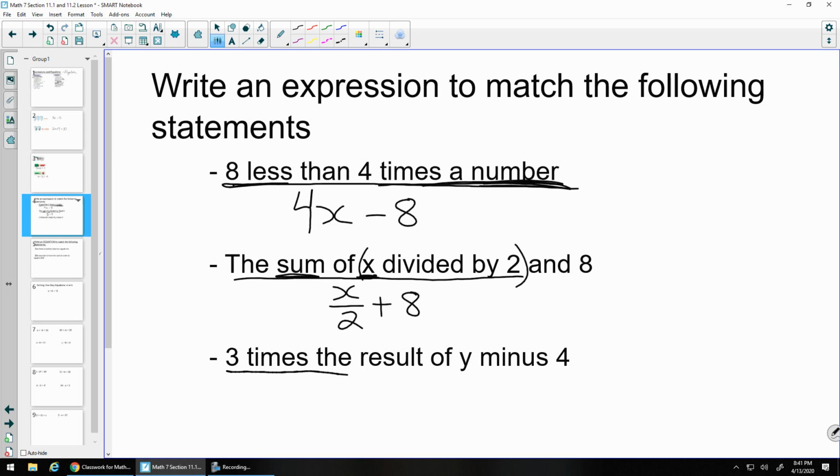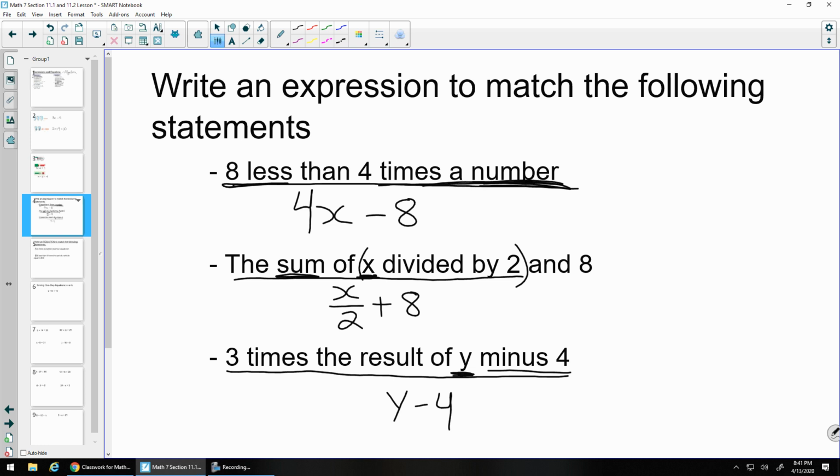3 times the result of y minus 4. Okay, this one's a little bit confusing, but again, let's start with our variable. So 3 times the result, y minus 4. So y, I'm going to do what's sort of closest to that, y minus 4. Now I want 3 times what y minus 4 is equal to.